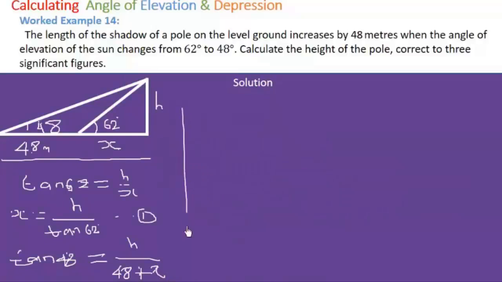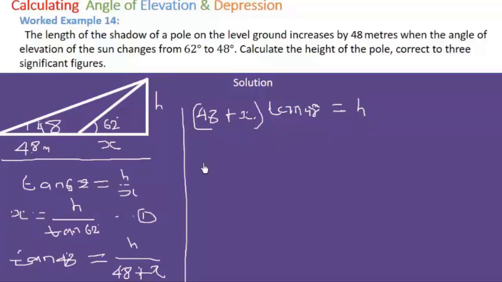So now we work for h. So we have 48 plus x times tan 48 is equal to h.